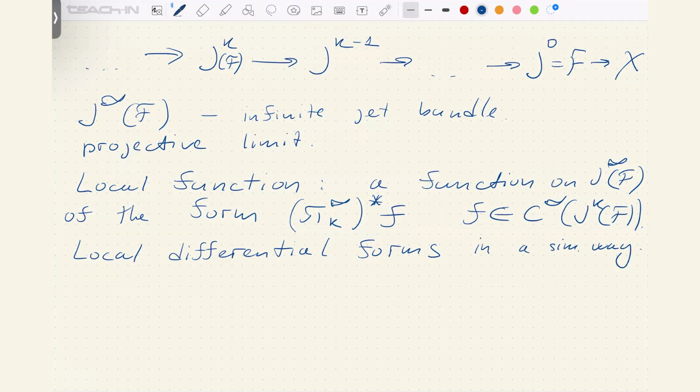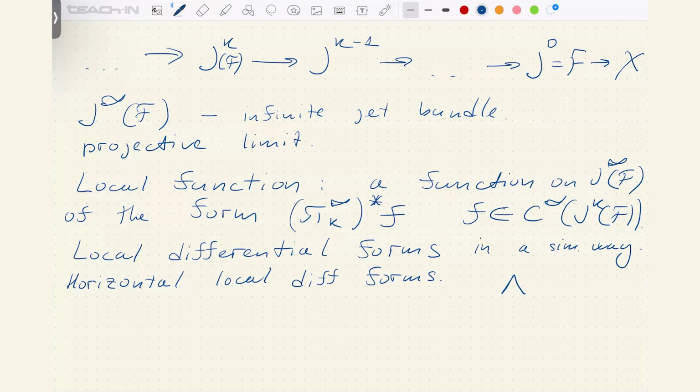Pullback is defined for differential forms, so everything works in the same way. In particular, what we will need are the so-called horizontal local differential forms. It's useful to have them.